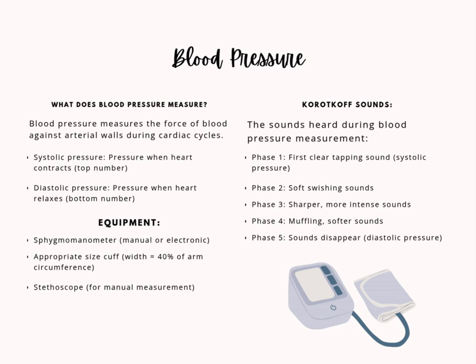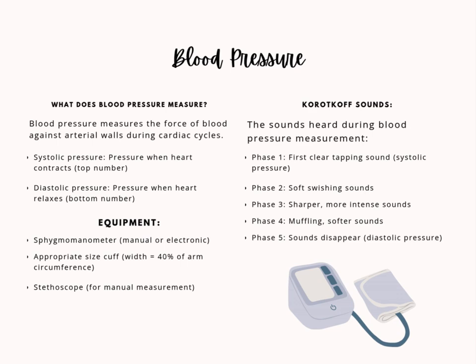So how we measure blood pressure: there are automated blood pressure cuffs like the one in this picture. You put it on the arm and you press start, or however you use the equipment. If we're going to do a manual blood pressure, we're going to need a sphygmomanometer, which is the little piece that's on there, not the cuff.